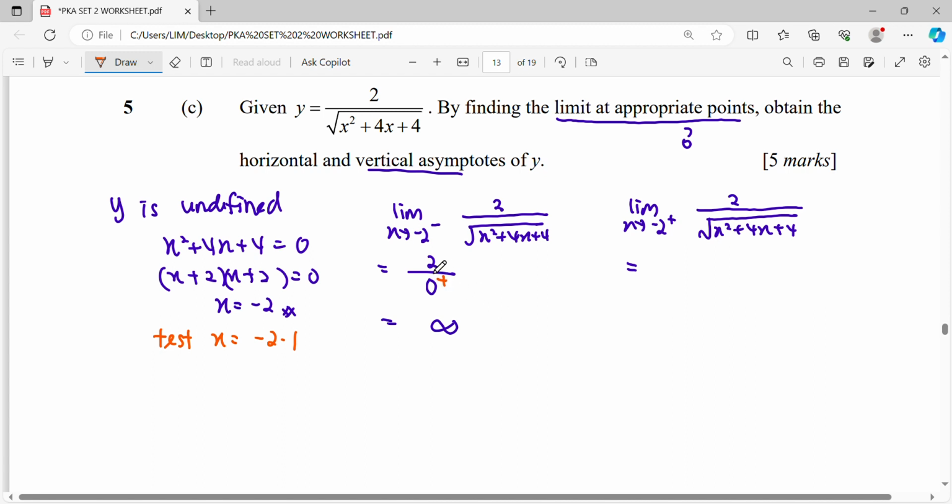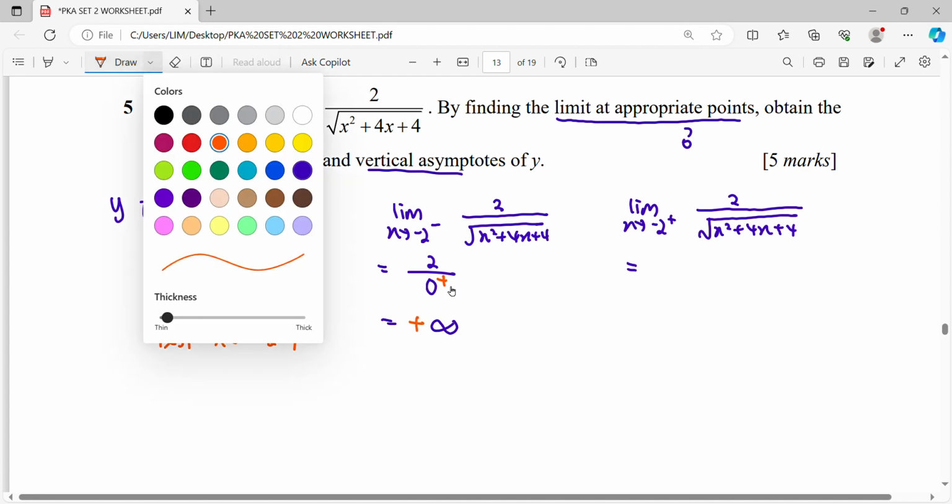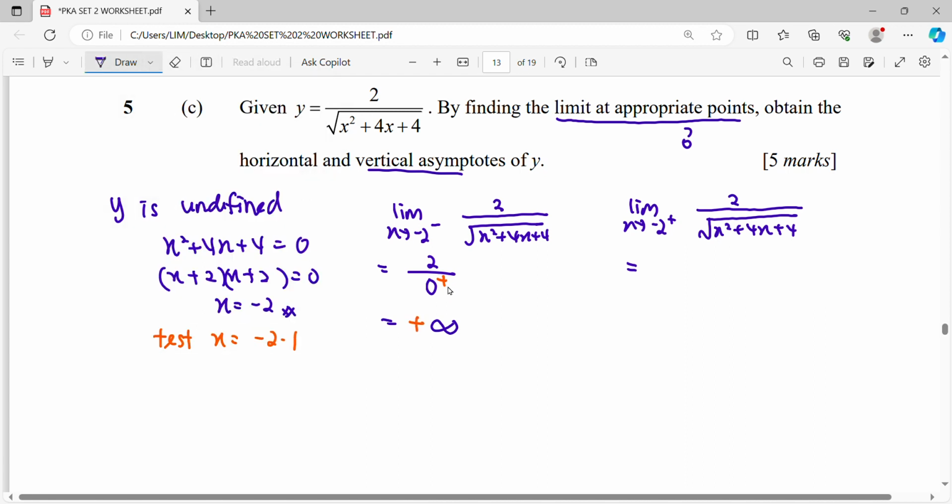So numerator positive, denominator positive, answer positive. When you substitute again for negative 2 from the right hand side, also 0, also infinity. So we test with x equals negative 1.9. Also positive. So positive over positive, positive infinity.